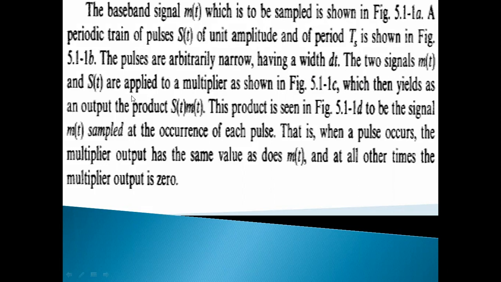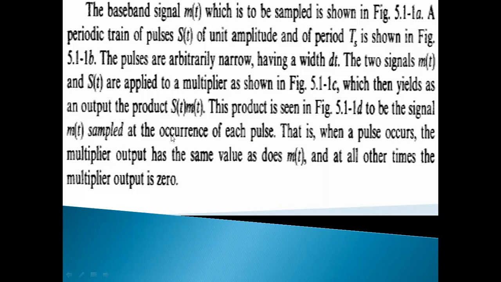The two signals, m(t) and s(t), are applied to the multiplier as shown in the figure, which yields as output the product of s(t) and m(t). This product is shown in the figure, and m(t) is sampled at the occurrence of each pulse.